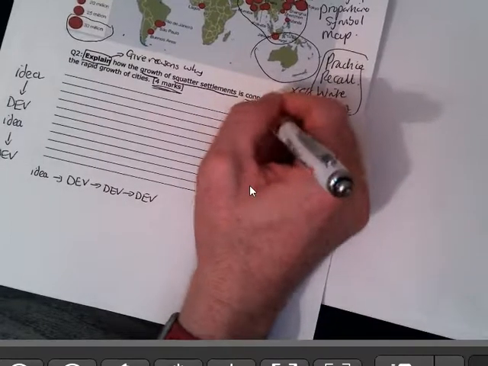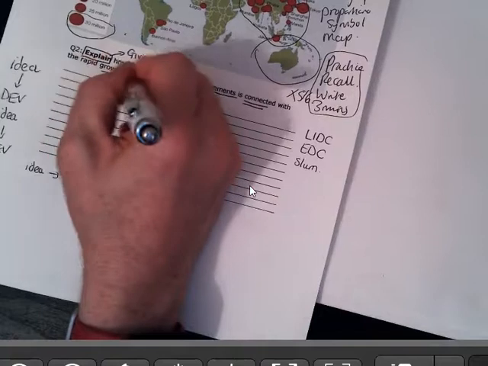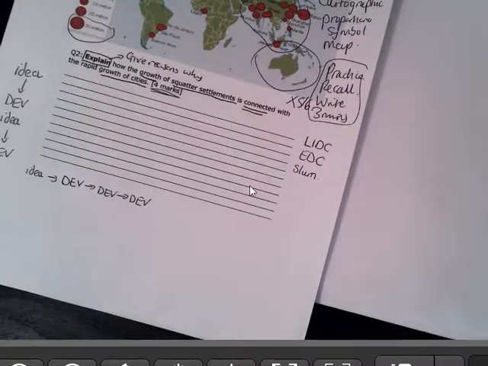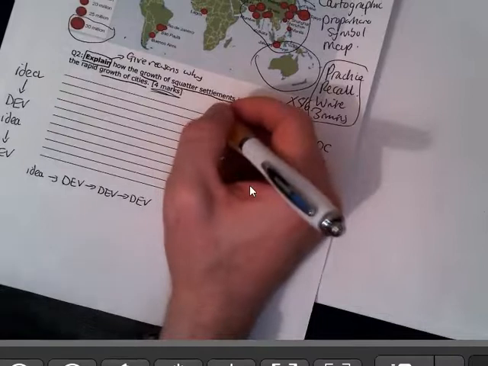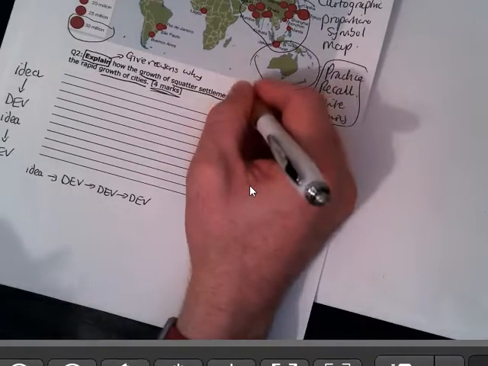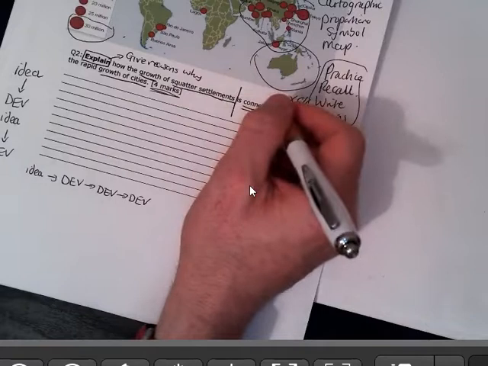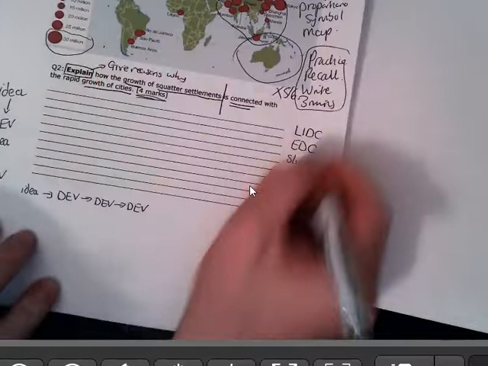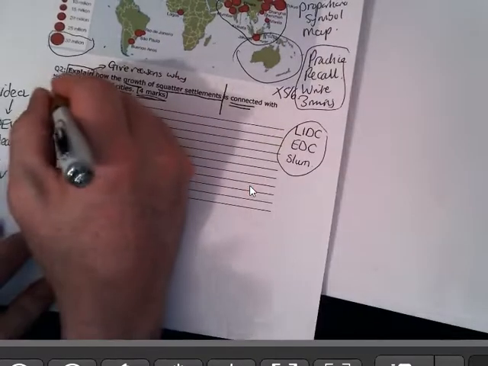Connected, I'm going to underline this, growth of cities. Now when we're looking at this, you can segregate the question into 2 areas that you need to tackle. So let's just start by modelling it by doing this to get our first mark.